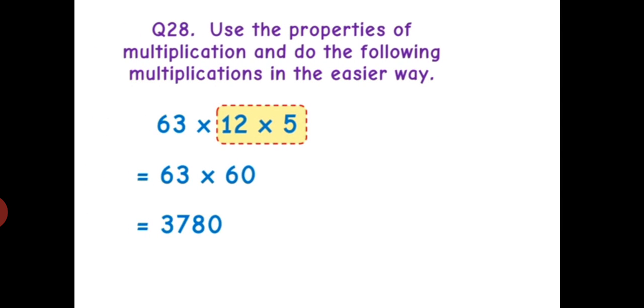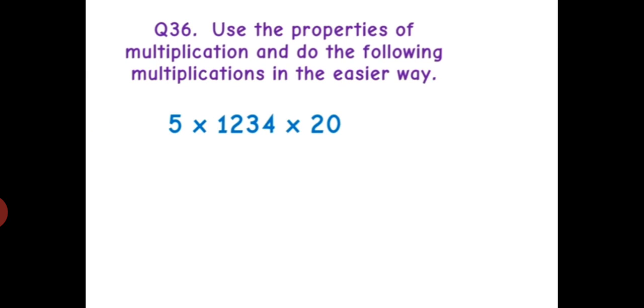At first you will multiply 12 by 5. So, we shall write 63 into 60. You all know 12 multiplied by 5 is equal to 60. So, 63 into 60 and the answer is 3780.